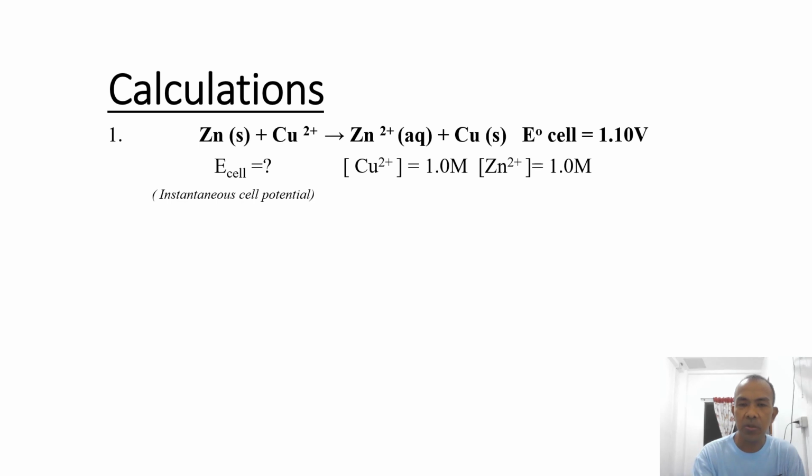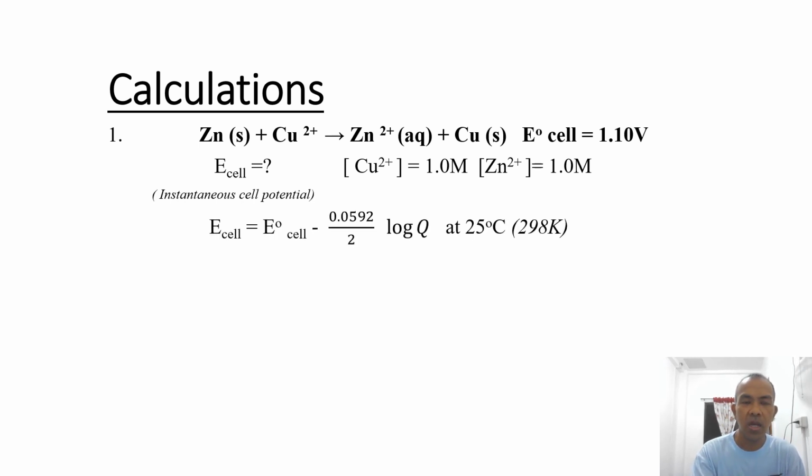Copper 2 plus is reduced to solid copper, with a standard cell potential of 1.10 volts. Copper 2 plus has a concentration of 1 molar, and zinc 2 plus also has a 1 molar concentration.